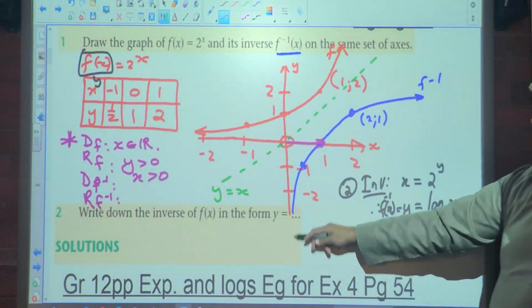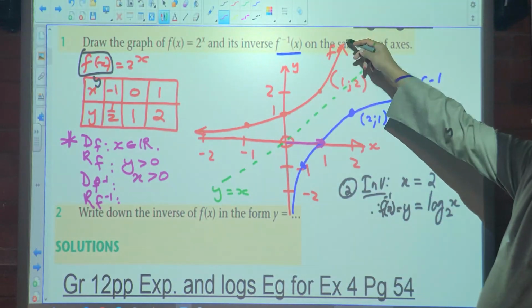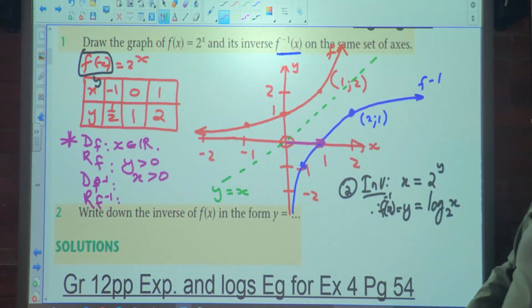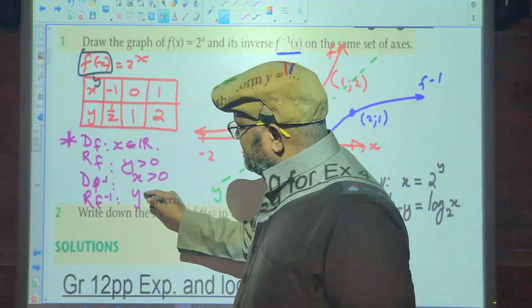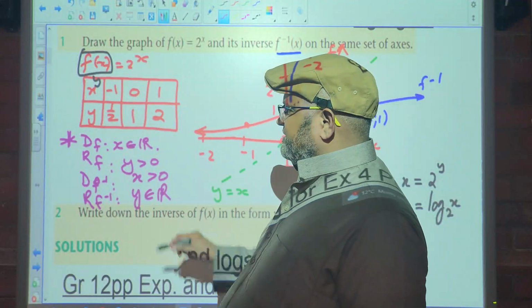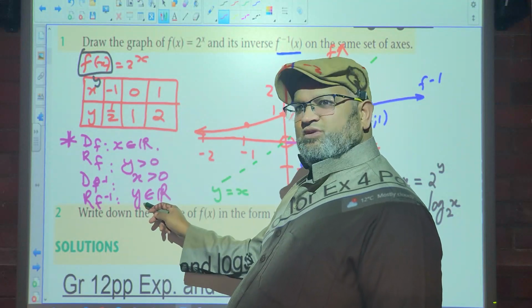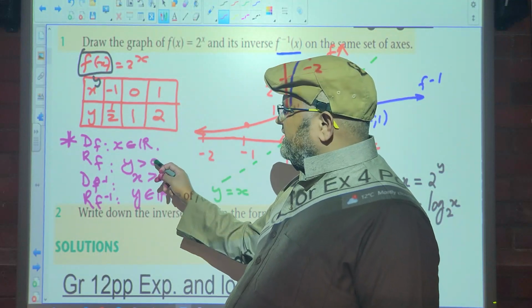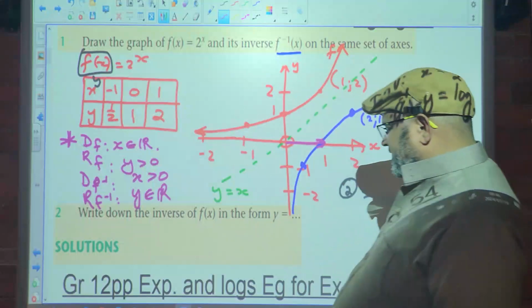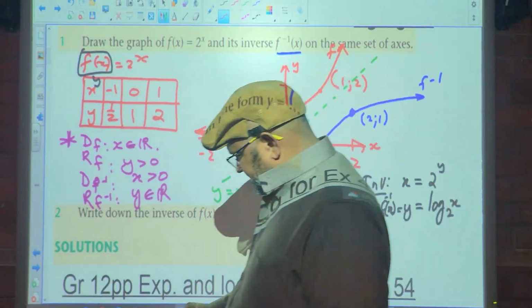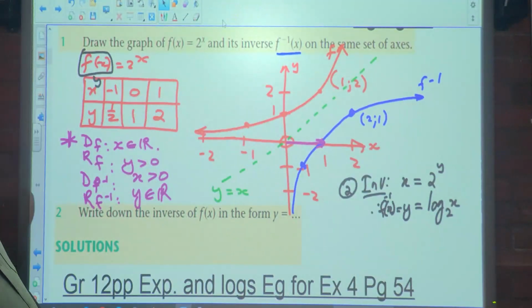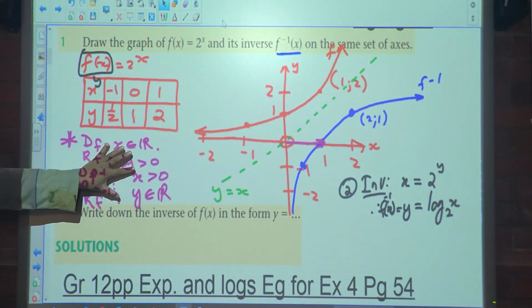This graph goes from negative infinity to positive infinity, so all the values for y, not so? So we say y is an element of all real numbers. As you can see, the domain of the function becomes the range of the inverse function, whilst the range of the inverse function becomes the domain of the function.